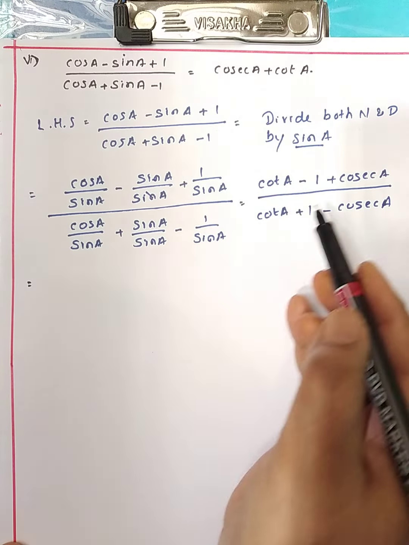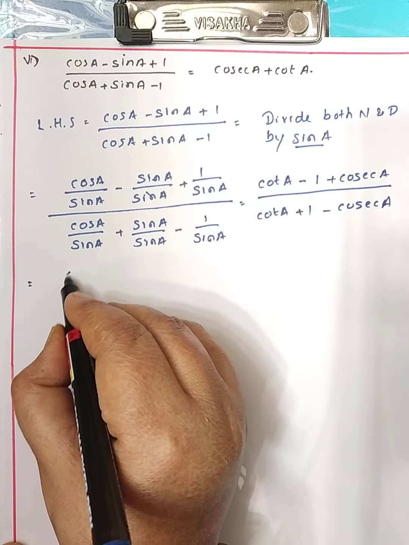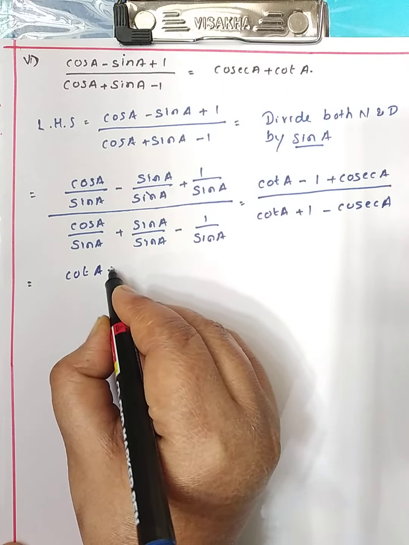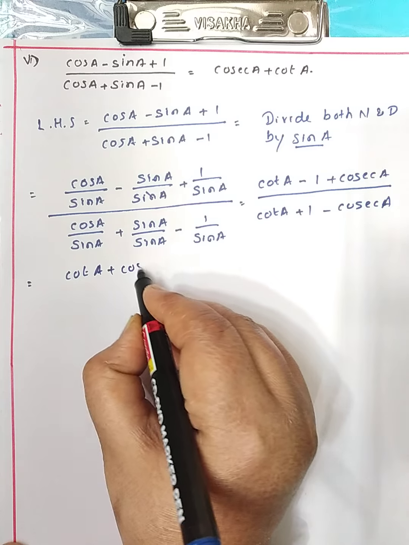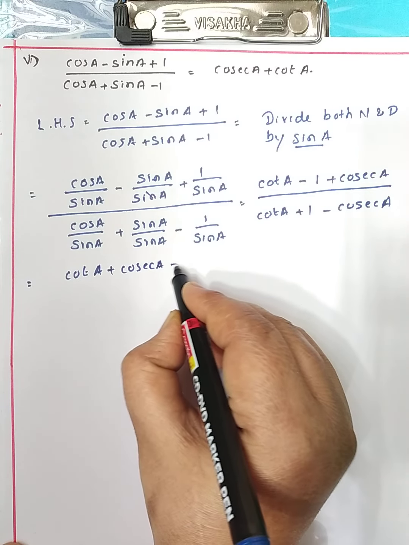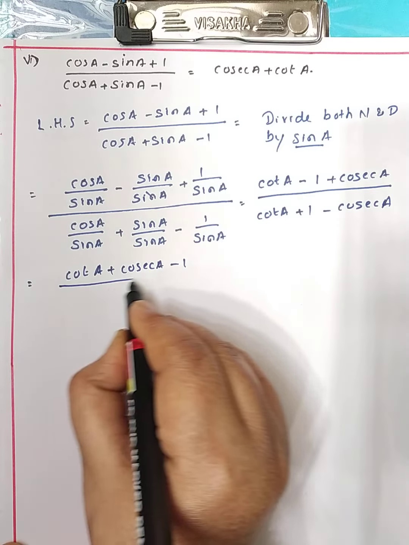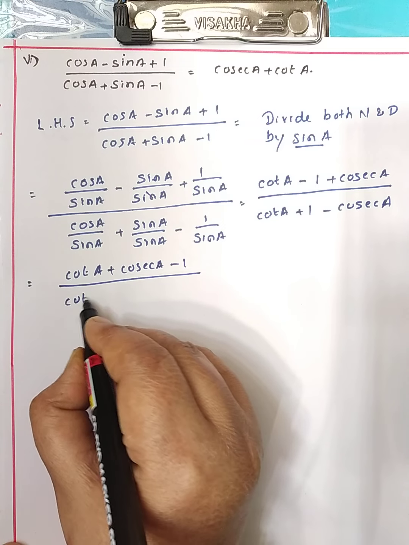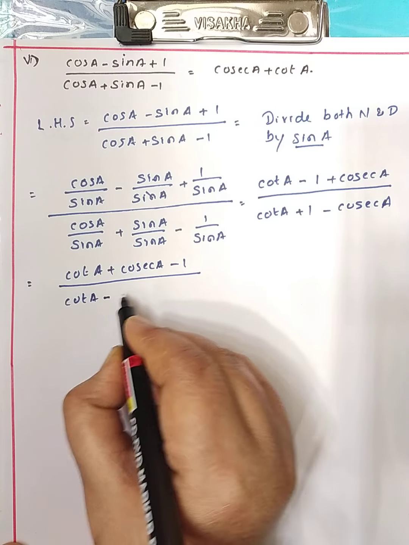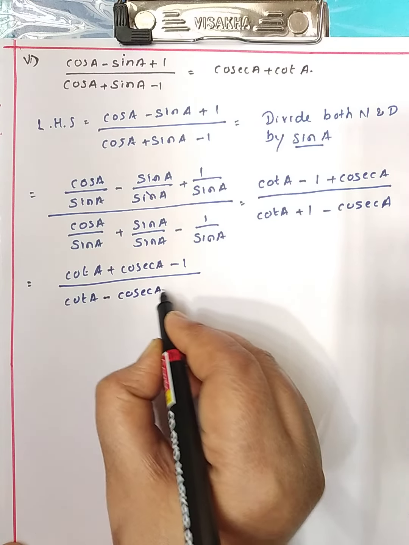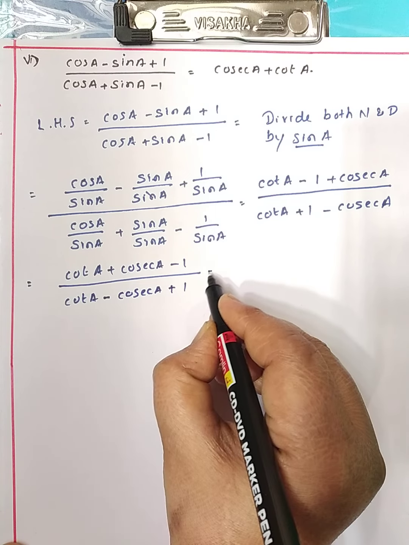Next step, we will rewrite this as cot A plus cosec A minus 1 upon cot A minus cosec A plus 1.